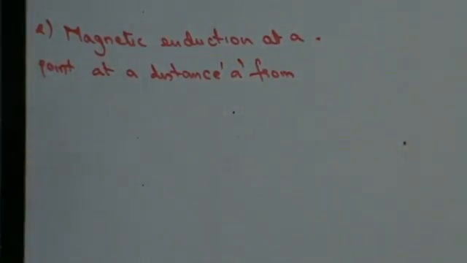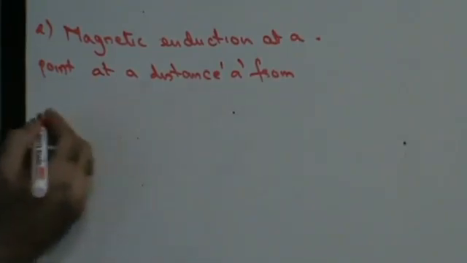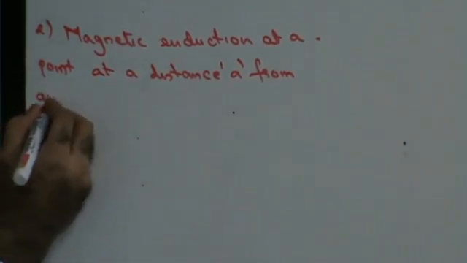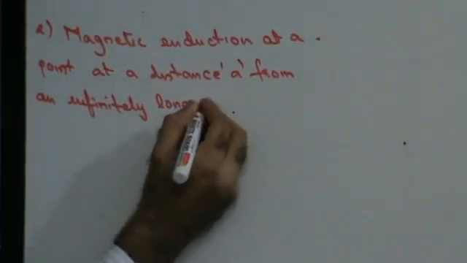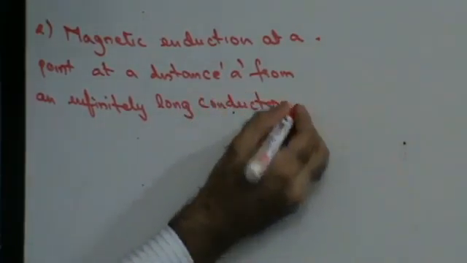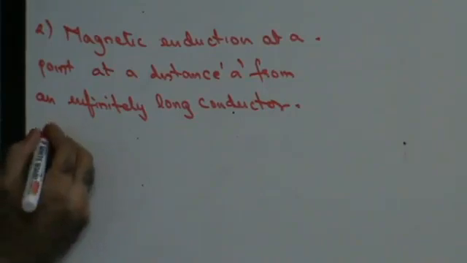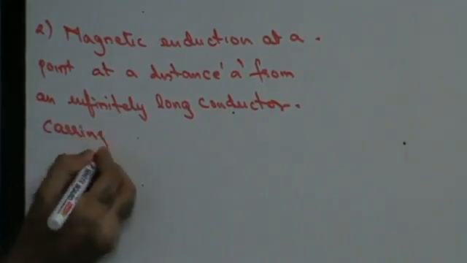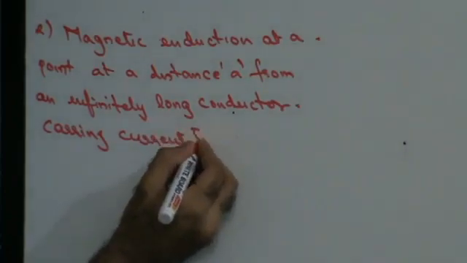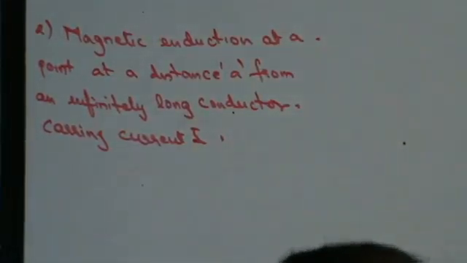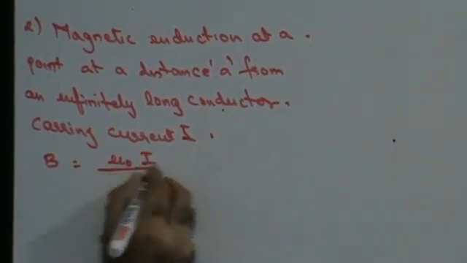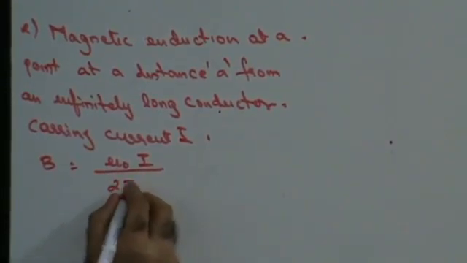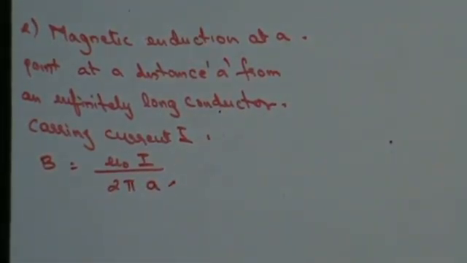In the previous case I had considered only a small element of the conductor, but now an infinitely long conductor carrying current I. We had found the magnetic induction to be mu 0 I upon 2 pi A. This is the magnetic induction due to a long current carrying conductor at a distance of A.